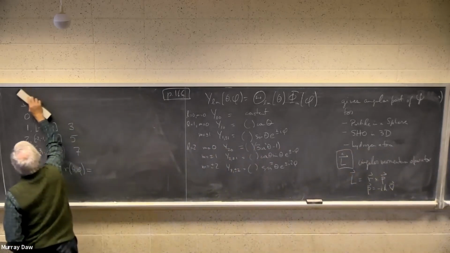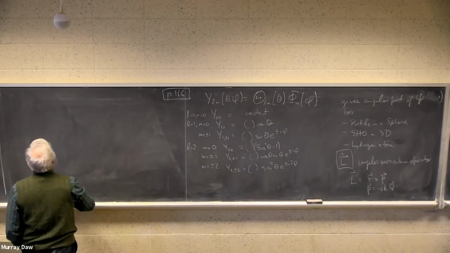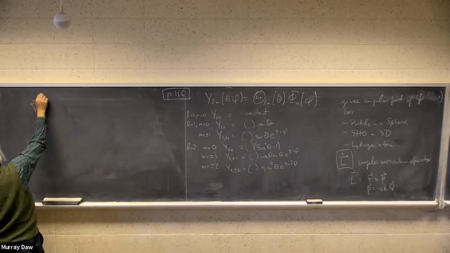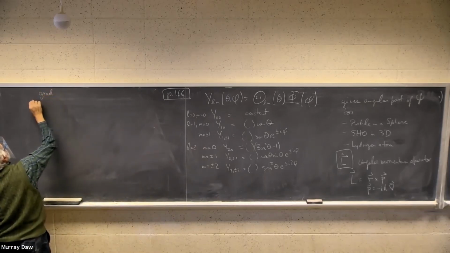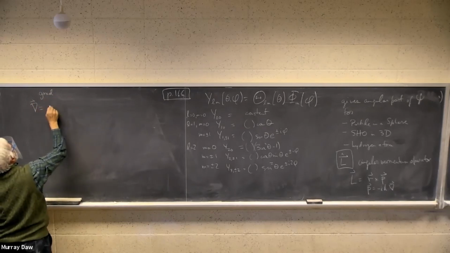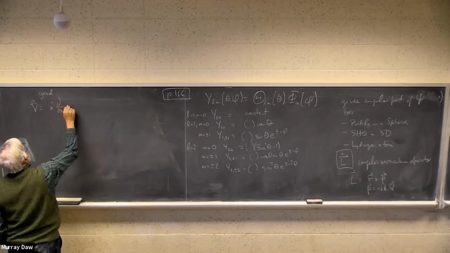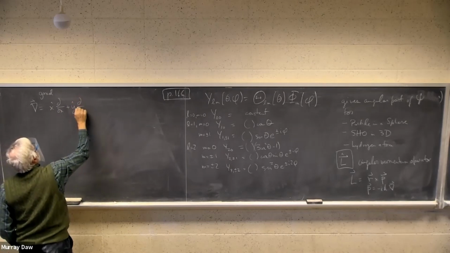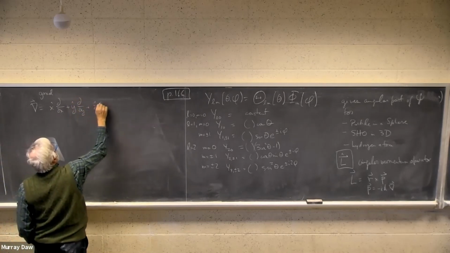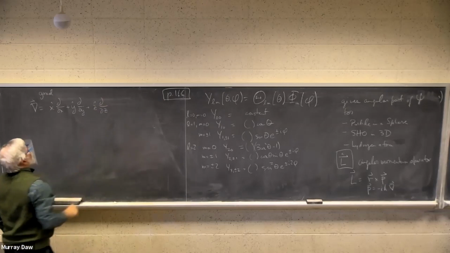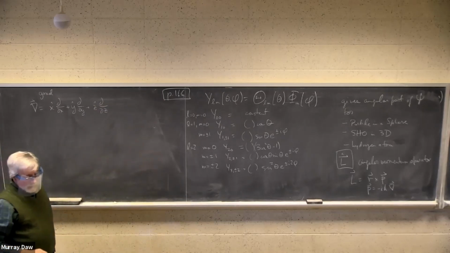Gradient in 3 dimensions is like a 3-dimensional derivative. It's called the gradient. In Cartesian coordinates it looks like this. Here's a version for the spherical coordinates.